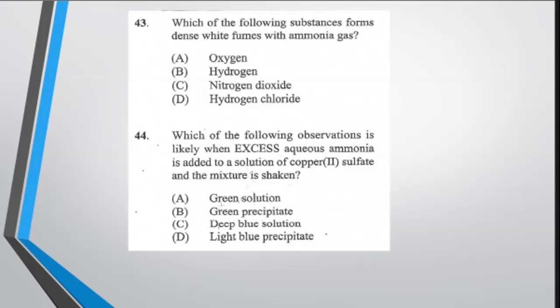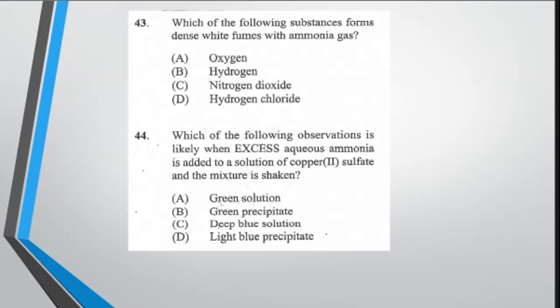Question 44. Which of the following observations is likely when excess aqueous ammonia is added to a solution of copper(II) sulfate and the mixture is shaken? All right, so aqueous ammonia is simply ammonia dissolved in water, right? If you react it with sodium hydroxide, it's supposed to give you a blue precipitate.